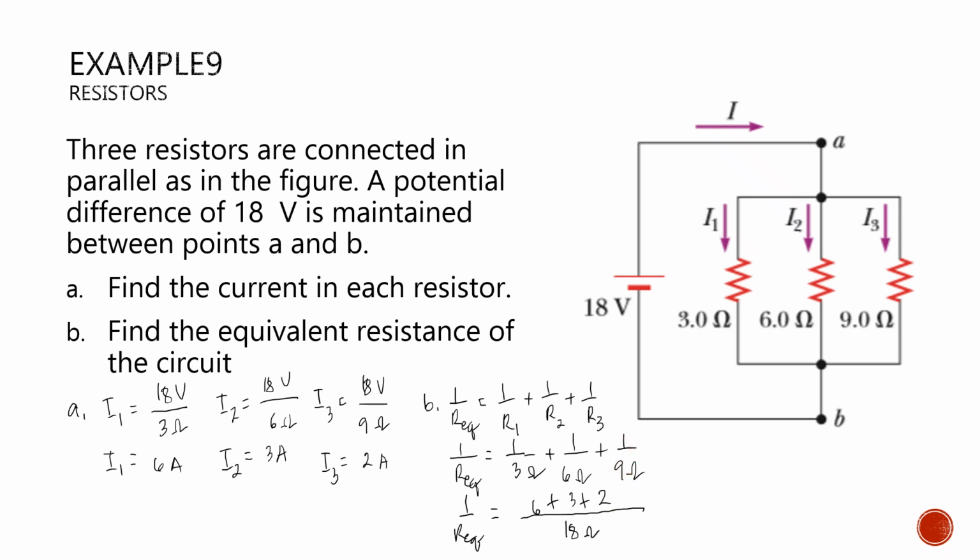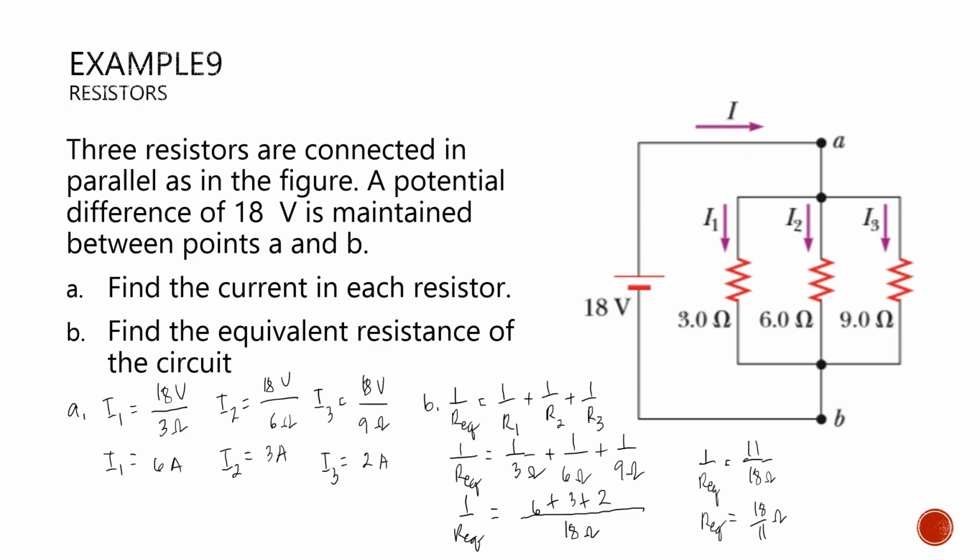So that's 6 plus 3, 9 plus 2, 11. So 1 over the equivalent resistance is 11 over 18 ohms. So we get the reciprocal. So equivalent resistance is 18 over 11 ohms.